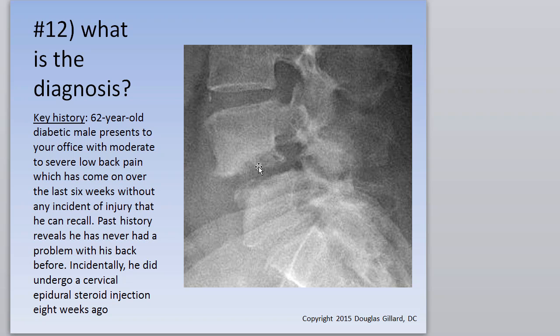So obviously it's an infection there. With this vignette here, they come in with low back pain, but the key is they have a fever. The diabetic has a fever, severe back pain, never had pain before.